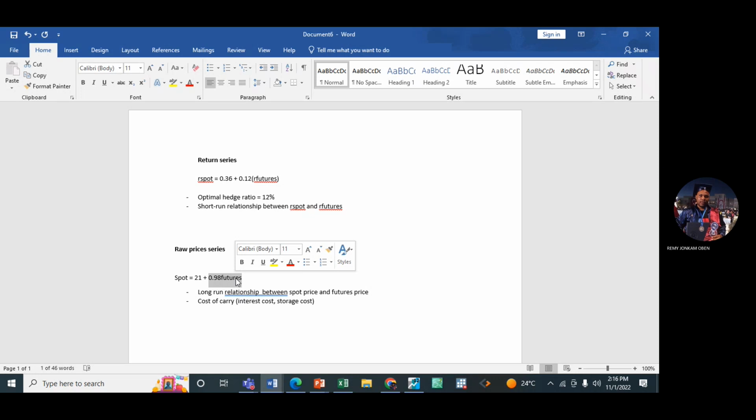So let's assume that the spot price today is 10, and the futures price today, for delivery in 1 week, is 15. What does it mean? It means that we are expecting that in 1 week's time, the spot price will be 15.